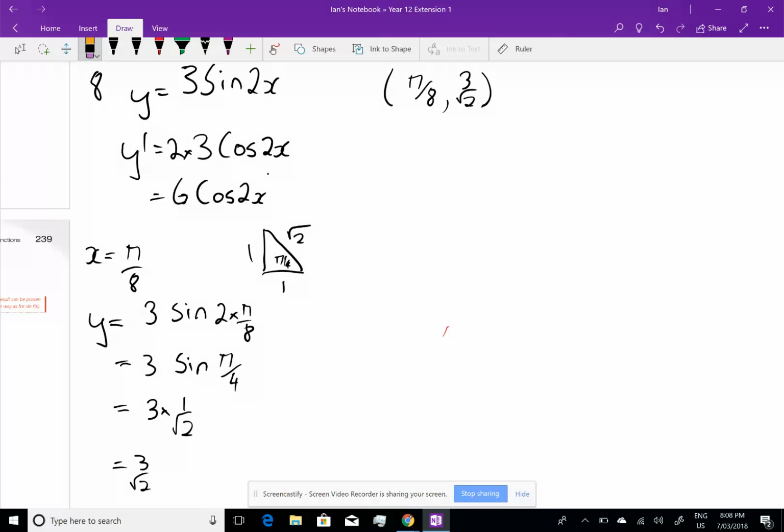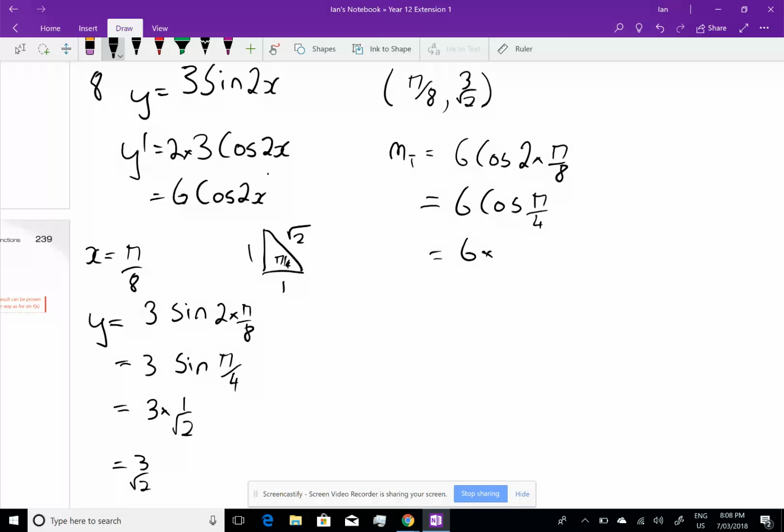Now, what I've got to do is find the gradient of the normal. Well, the gradient of the tangent is 6 cos 2x. Well, when x is pi on 8, 6 cos, well, 2 times pi on 8 is pi on 4.